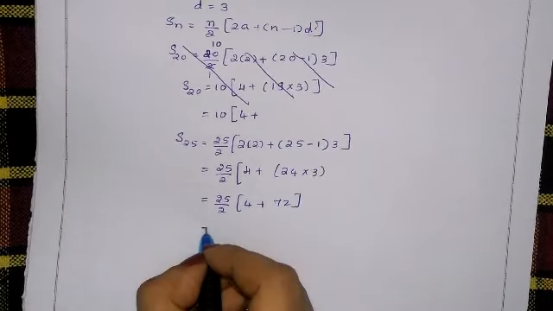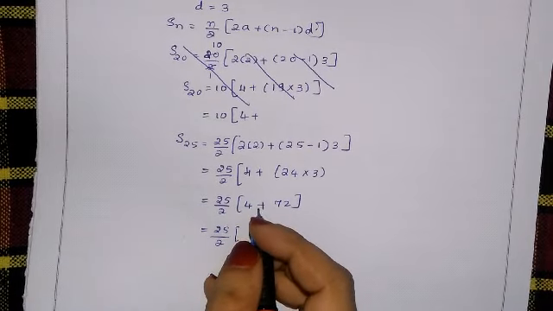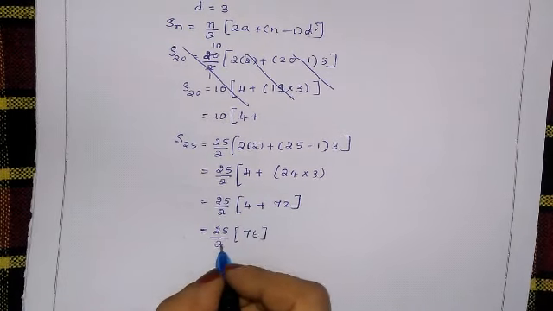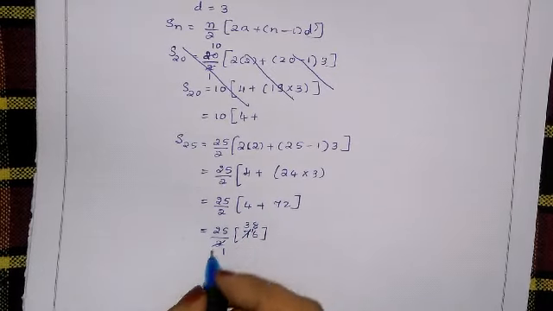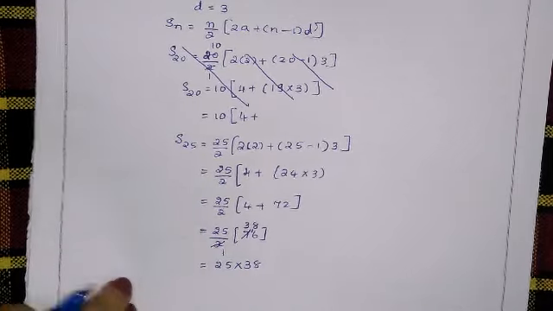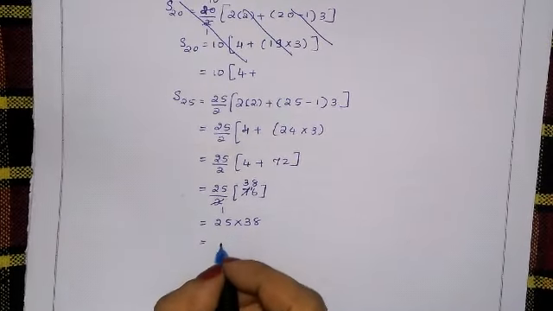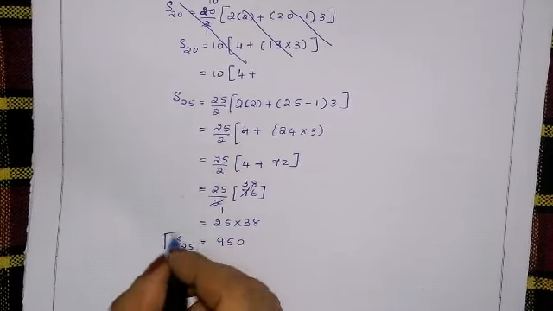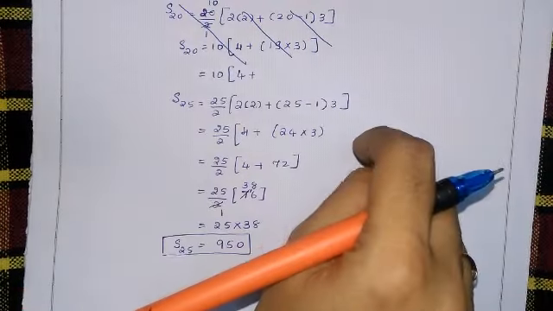So 25 by 2 into 72 plus 4, which is 76. Let us cancel now: 2 threes are 6, 2 eights are 16, so we get 25 into 38. Multiplying, we get 950. So this is the S25 answer, the sum of 25 terms of the given AP.